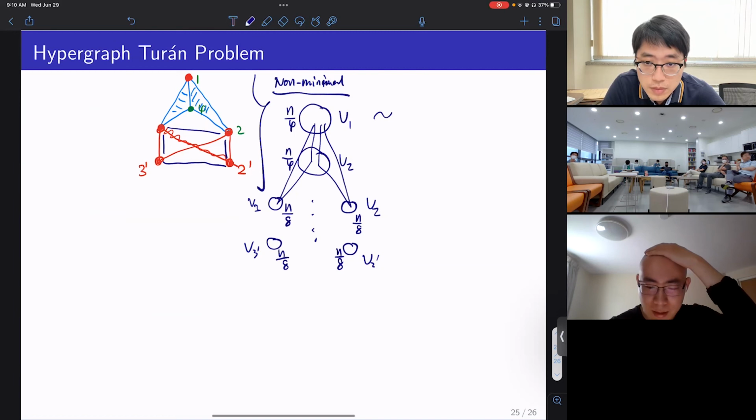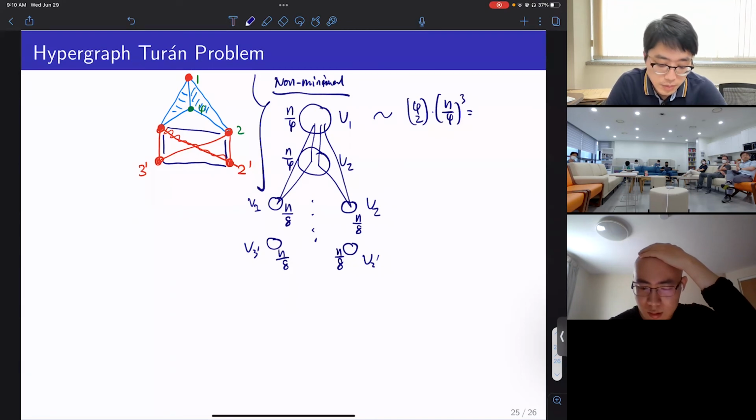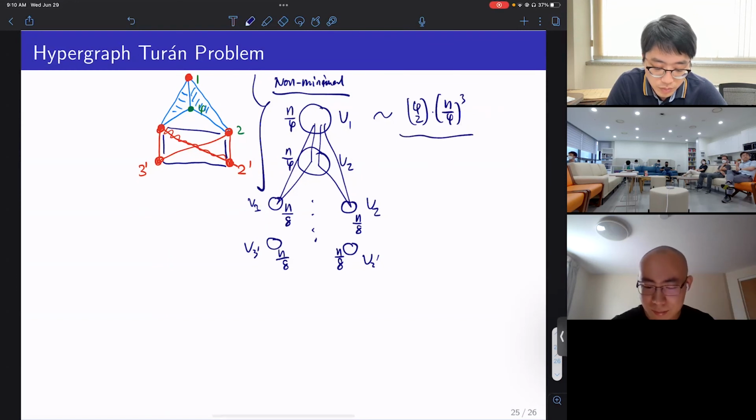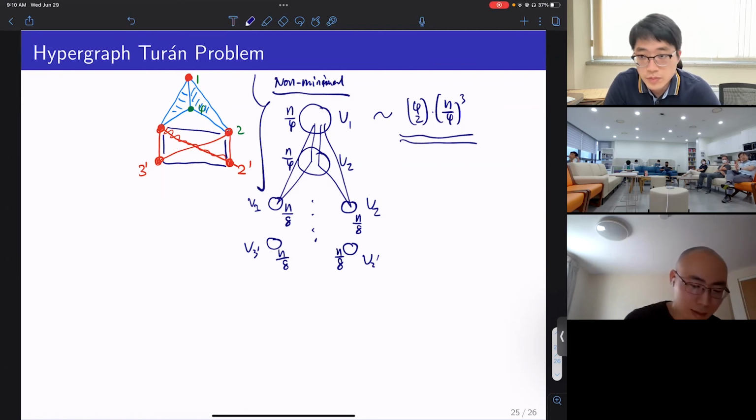It's approximately, for just 2, 6 over, anyway. So it's basically equivalent to say you are blowing up your original graph.